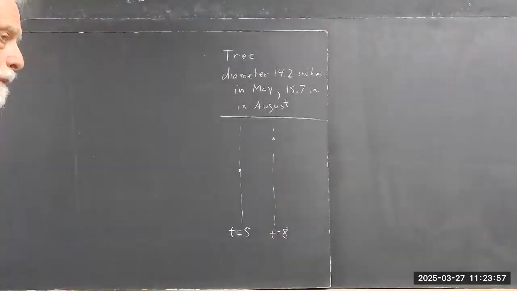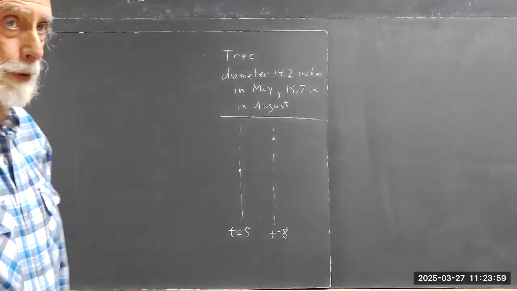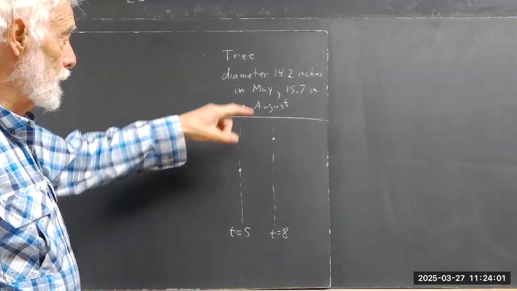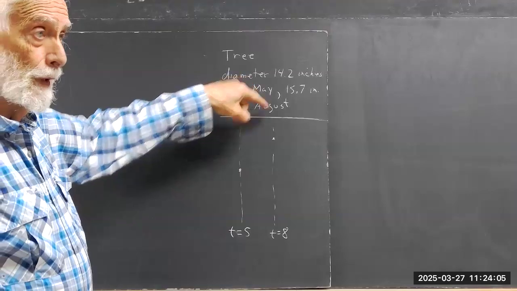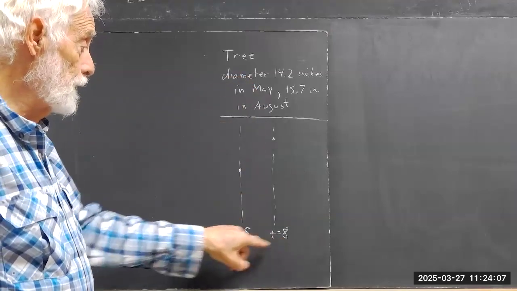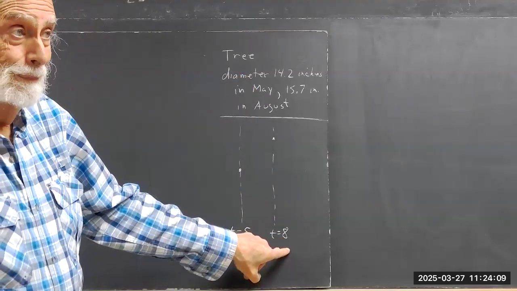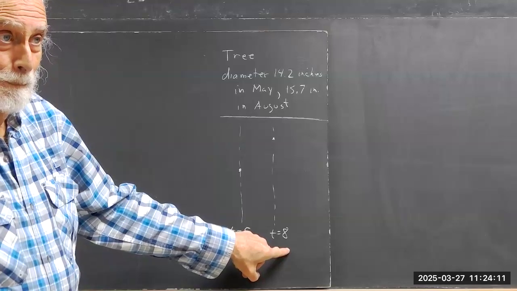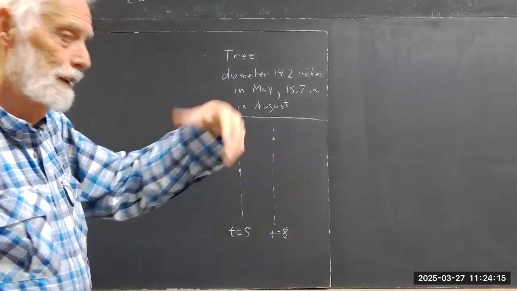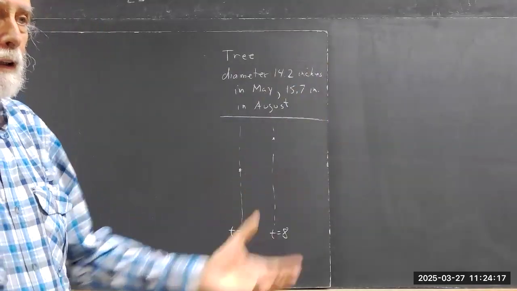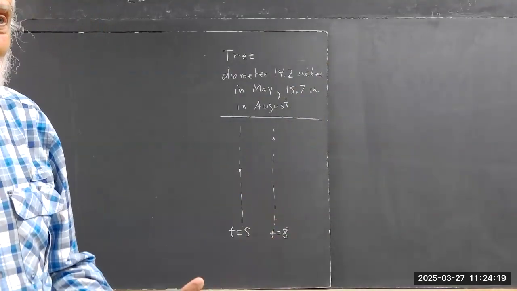T equal 8 here. Be a reasonable thing to do because you're going to graph the diameter versus the time. The time in months. May is the 5th month, August is the 8th month. Okay? Now I could give you dates, May 14th and August 27th, and you'd have to figure out all the days. I wouldn't do that to you.